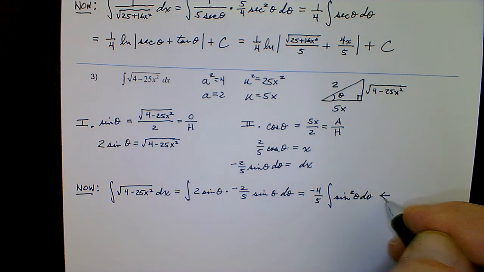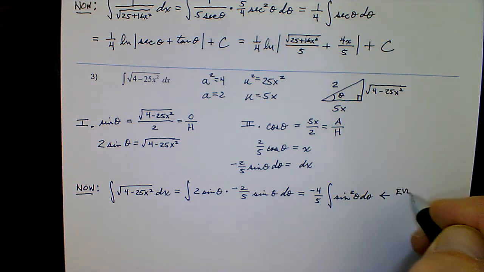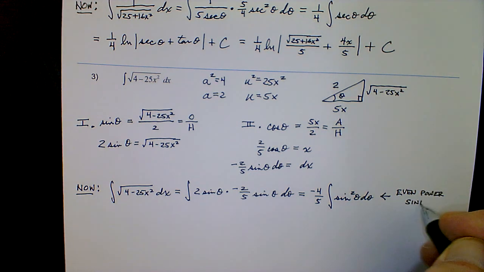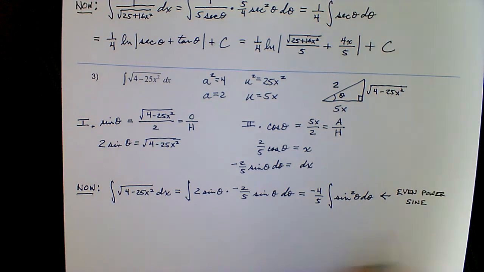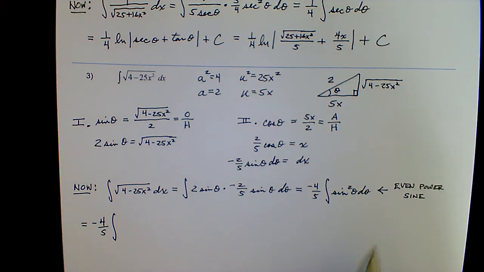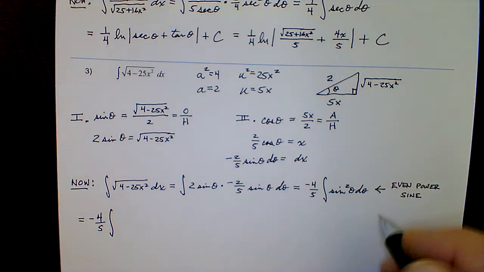theta. And then we look at that new integral, and this is an even power of sine. So remember, with the even power of sine, or an even power of cosine, this is case 2, where we have to use the power reducing double angle formula.